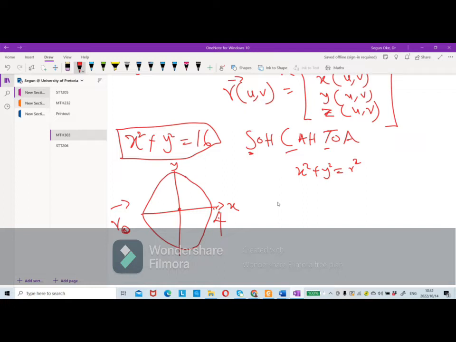So we have R squared. We can go ahead by saying R of, if I go back to the one I'm using now, what am I going to write? Anybody?